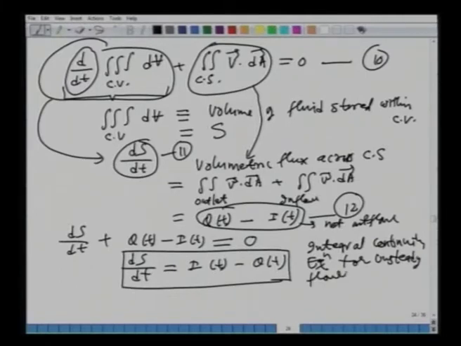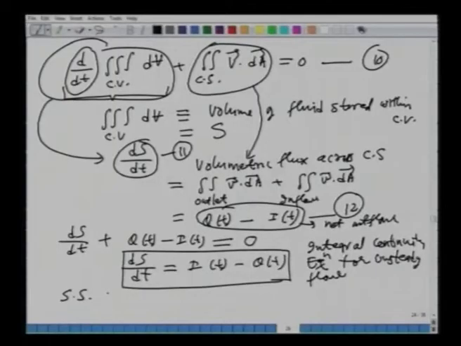What happens when the flow is steady? There will be no change in storage, or any quantity which depends on time will be constant, or the changes with respect to time will be 0. So, for the steady state case, your dS/dt term will be 0.